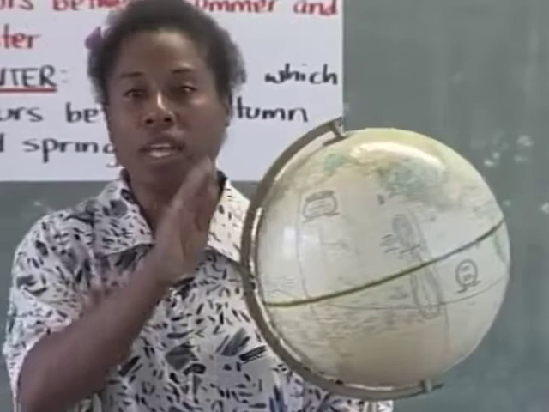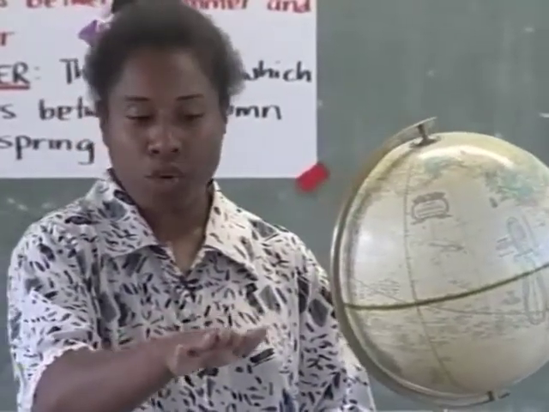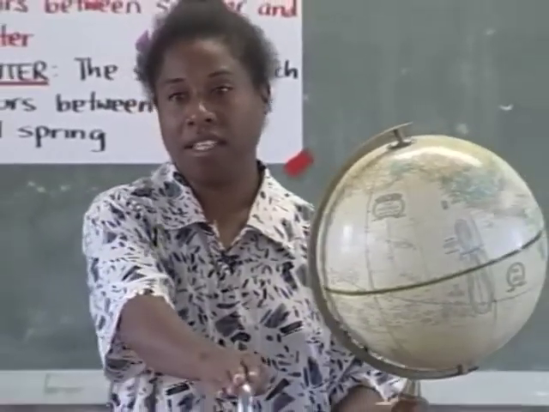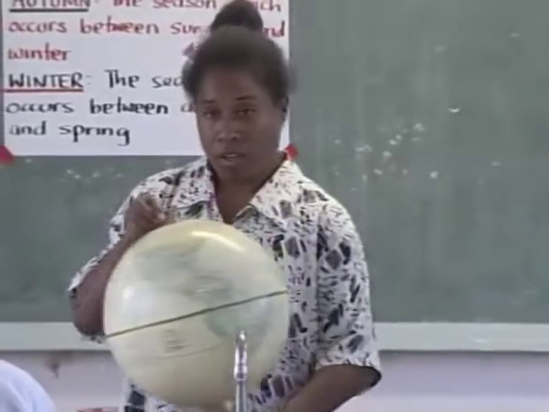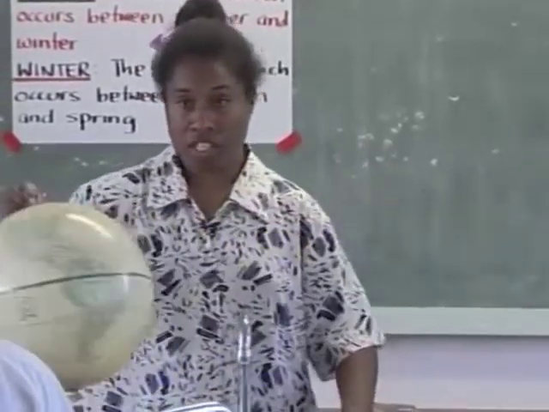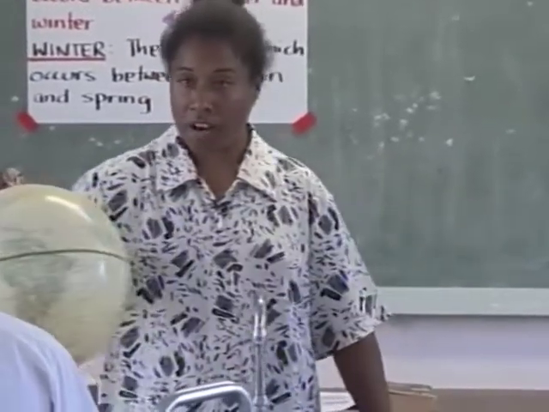Okay, so if I have to demonstrate the circular motion, if we assume that this particular stand here is actually the sun, the circular motion is simply a circle created in terms of the motion of the Earth around the sun.